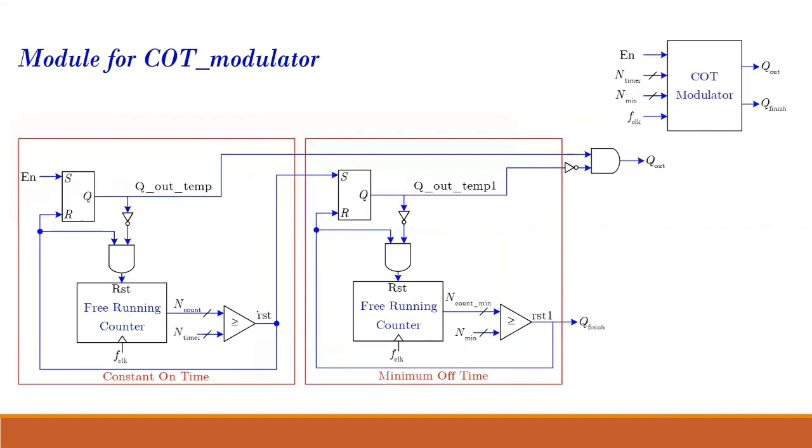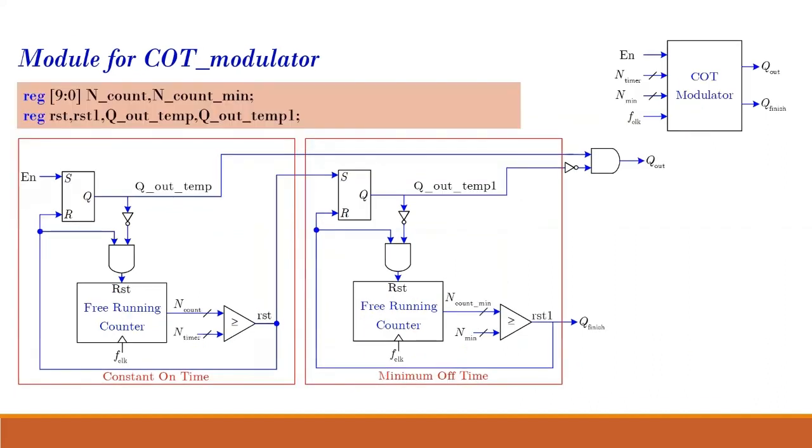All right. Then certain registers are made: n count and n count min. These are the outputs of your counter. One will start at 0 and reach n minimum maximum, and the other will start at 0 and reach n timer maximum.